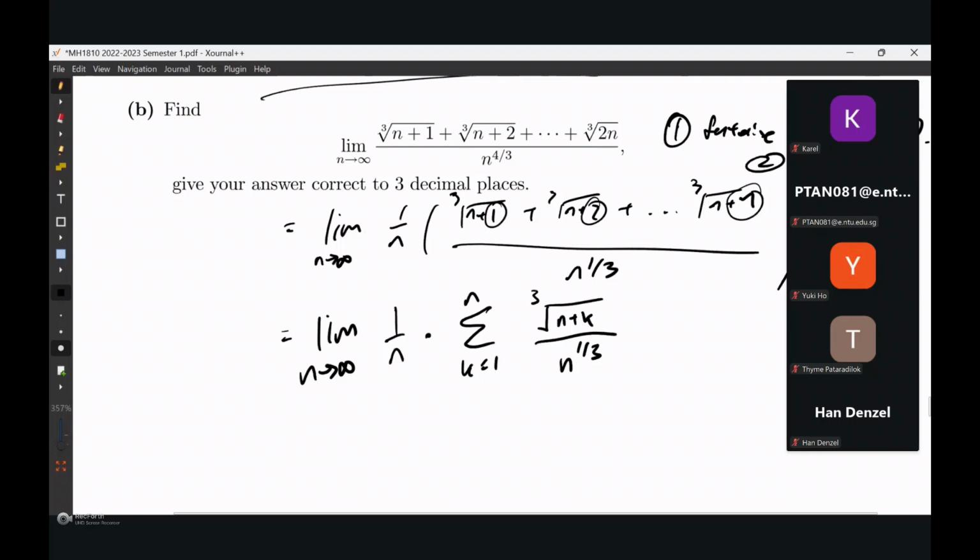The reason I'm doing this is because I want to use this property. Now all I need to do is write this as the integral from 0 to 1 of 2x plus 1 over x squared plus x plus 1, plus 1 over x squared plus x plus 1, everything times half.